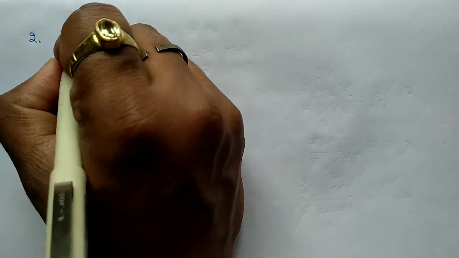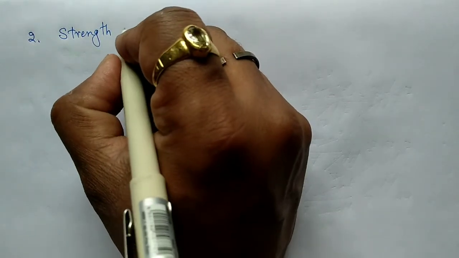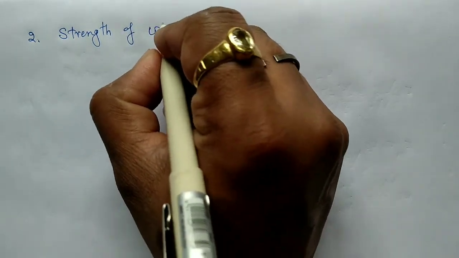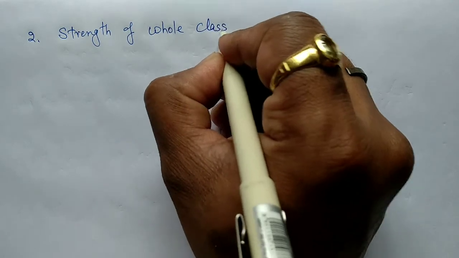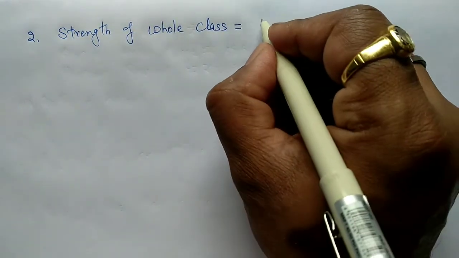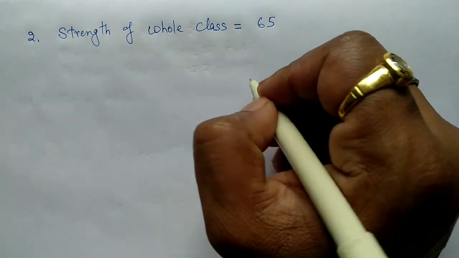Okay. So number 2, strength of whole class is equal to 65, because the total number of students in the class was 65.